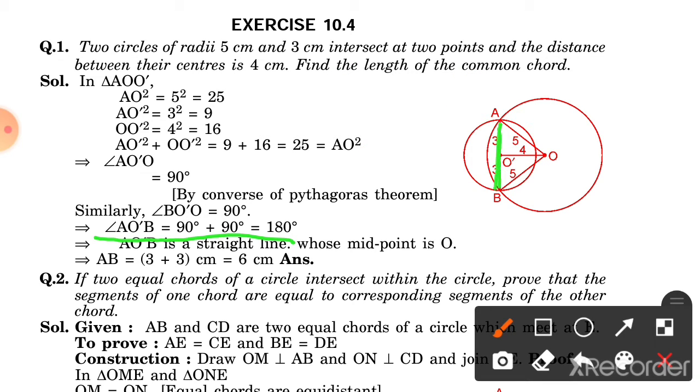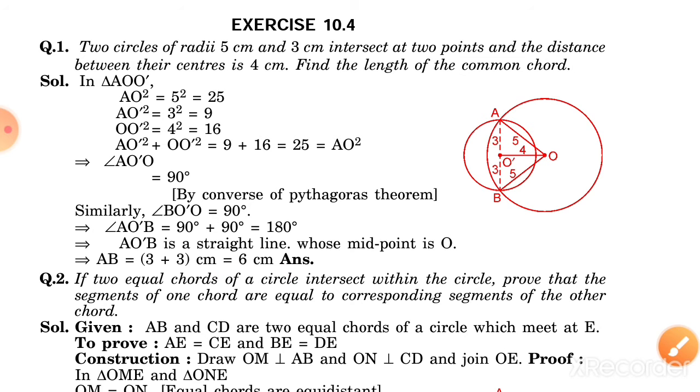So this angle is 180 degree. So we can say that AB is a line. Yes or no, students? Yes. And the measurement is equal to, what will it be? This radius plus this radius. It means 3 plus 3. The answer will be 6 centimeter. Correct, students? I hope you understand.